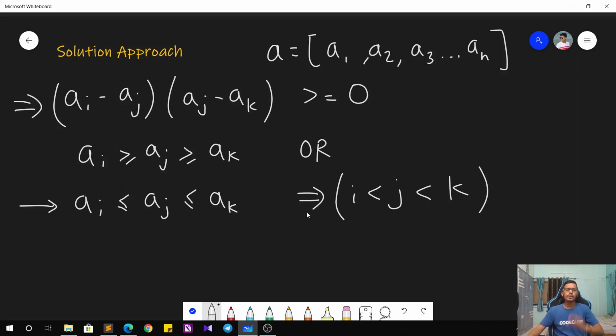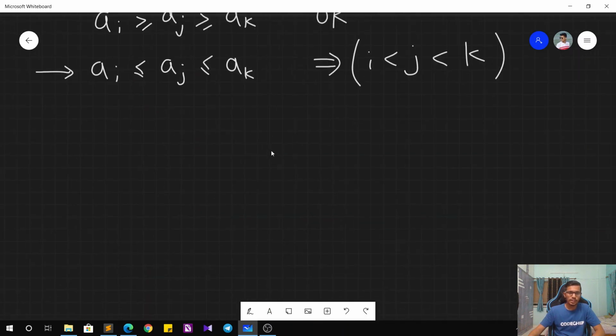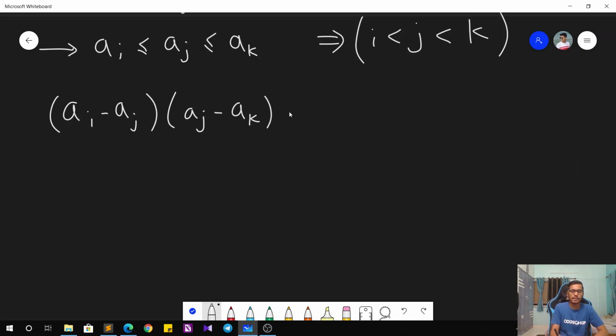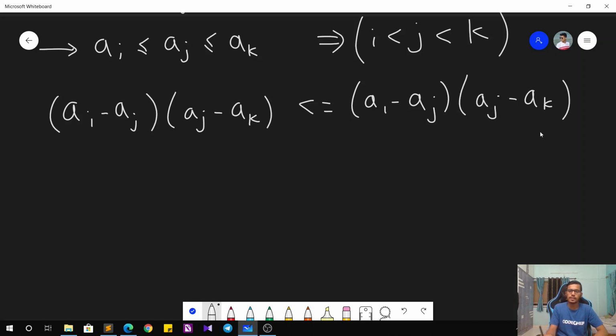Now let's have a detailed look at the expression that we have. So we can infer some more things from it. One of it is that this expression AI minus AJ into AJ minus AK is less than or equal to A1 minus AJ, right?